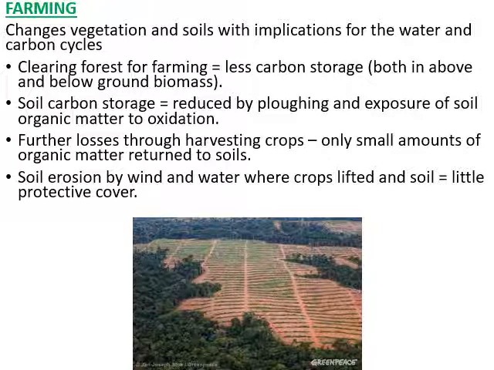We don't leave behind the leaves and roots to put that organic matter back into the soil again. And where land has been farmed over and over again, that can make the soil very brittle, and it can easily be washed away by the wind and by the water as well, which then reduces the actual soil content on the ground.